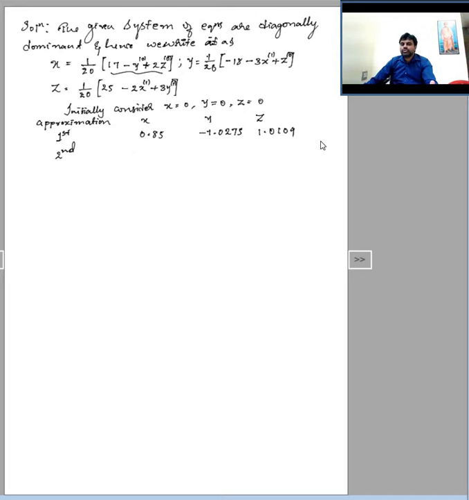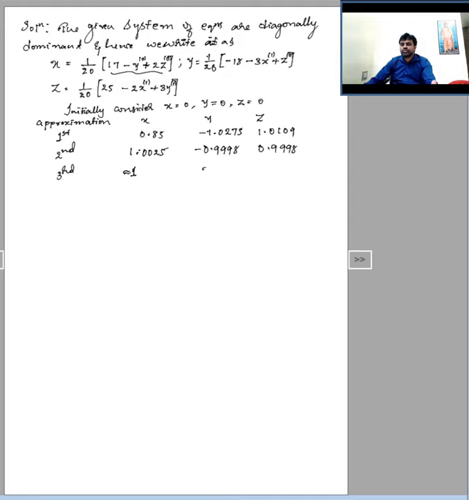So now use these values to find the second approximation. So x value takes 0.85, y value is this, z value is this. Substitute y and z values here to get x2. I'm going to get the value of x2 as this, y2 as this, z2 as this.